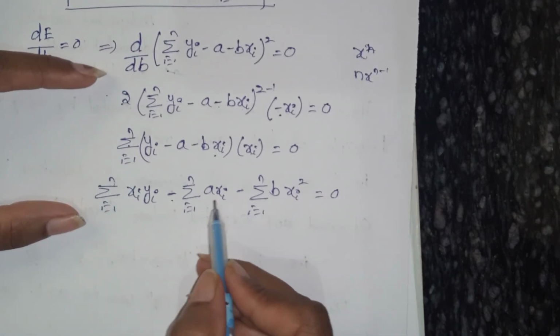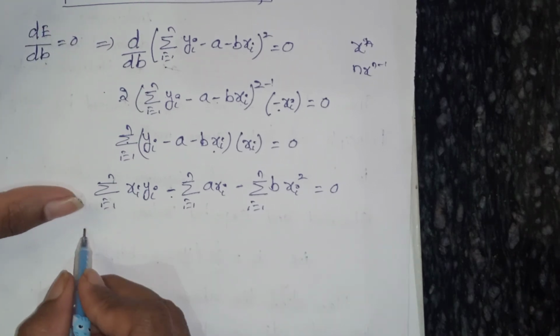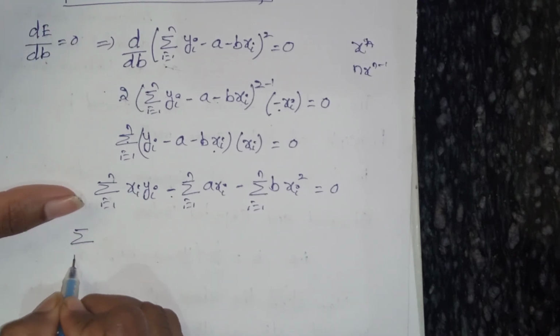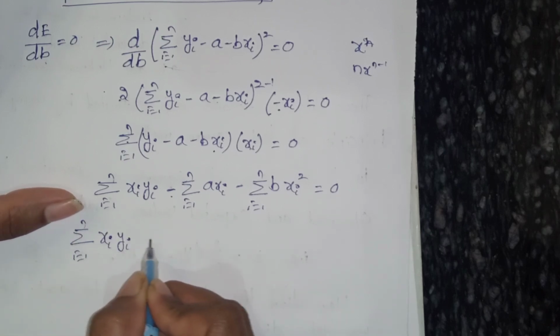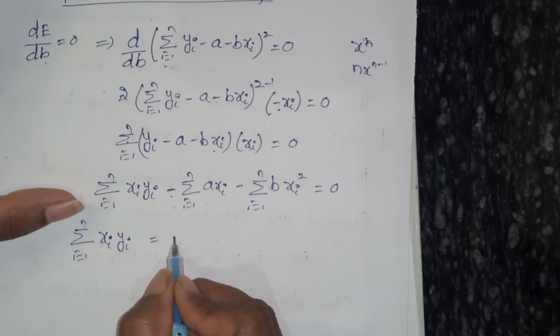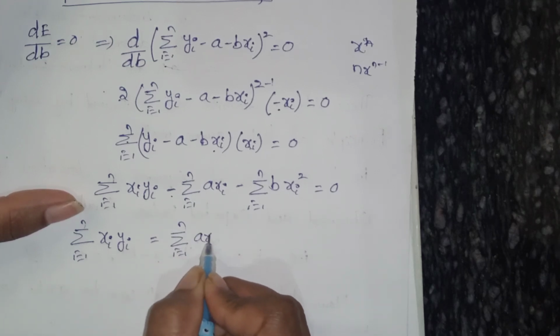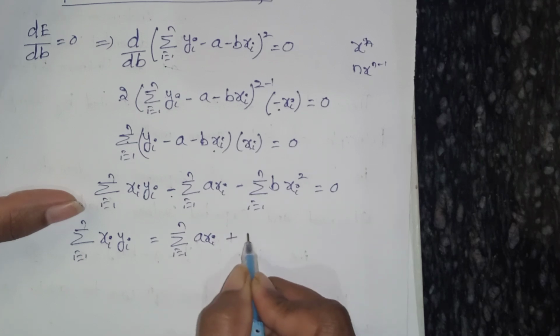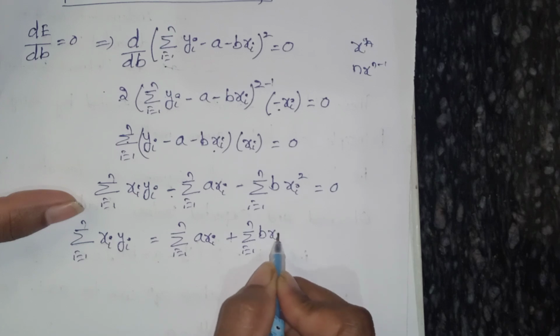These negative terms we take from LHS to RHS and they become positive. Summation i equals 1 to n xi yi equals summation i equals 1 to n a xi plus summation i equals 1 to n b xi squared.